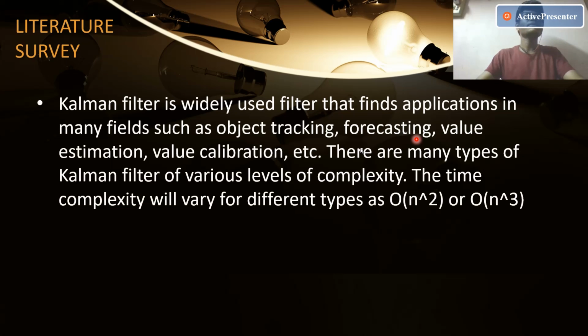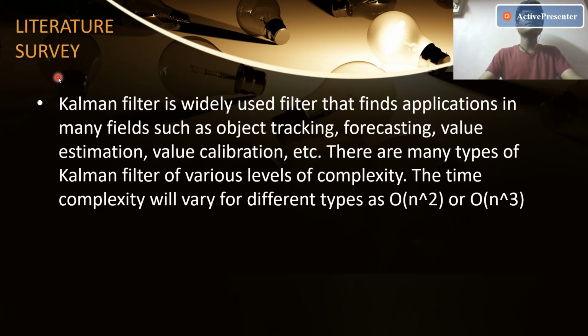Coming to the literature survey, we went through various research papers on the Kalman filter and found various algorithms, but the algorithm proposed here has the minimum computational time, with time complexity of big O of n square and big O of n cube. We are defining a one-dimensional Kalman filter algorithm here, and the time complexity is big O of n square.